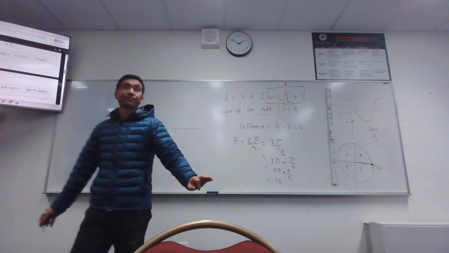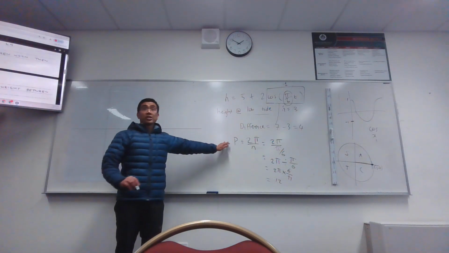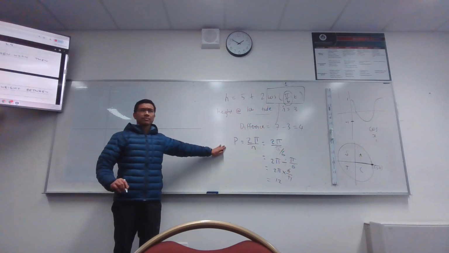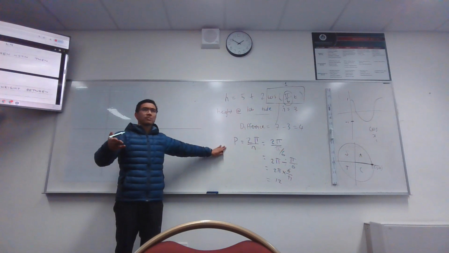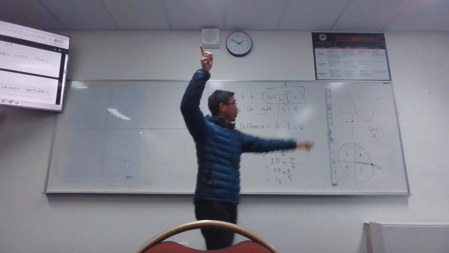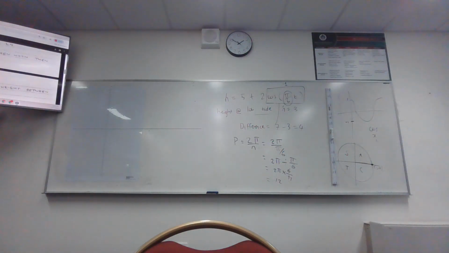Pi's cancel. What does period mean again? In your own words? Like 1 wave. So one cosine wave is just 12. So how many waves do we need? We need 2. Why are we after 2?